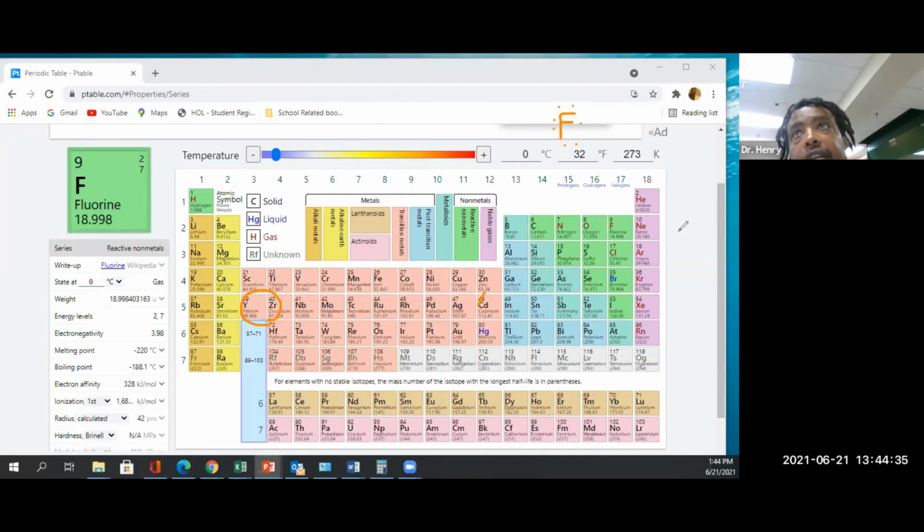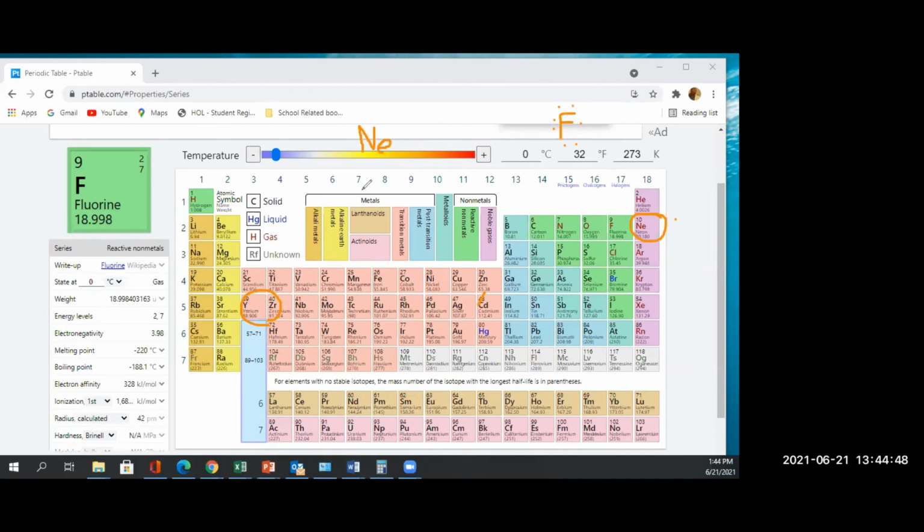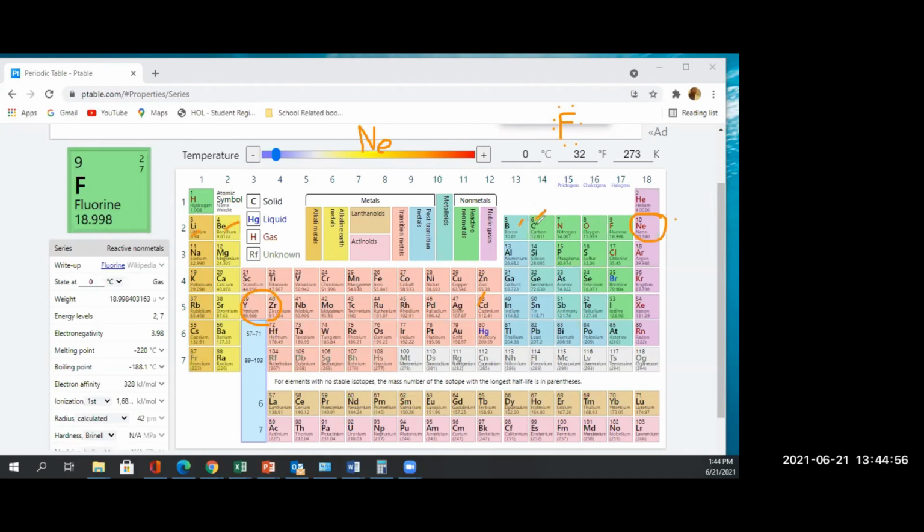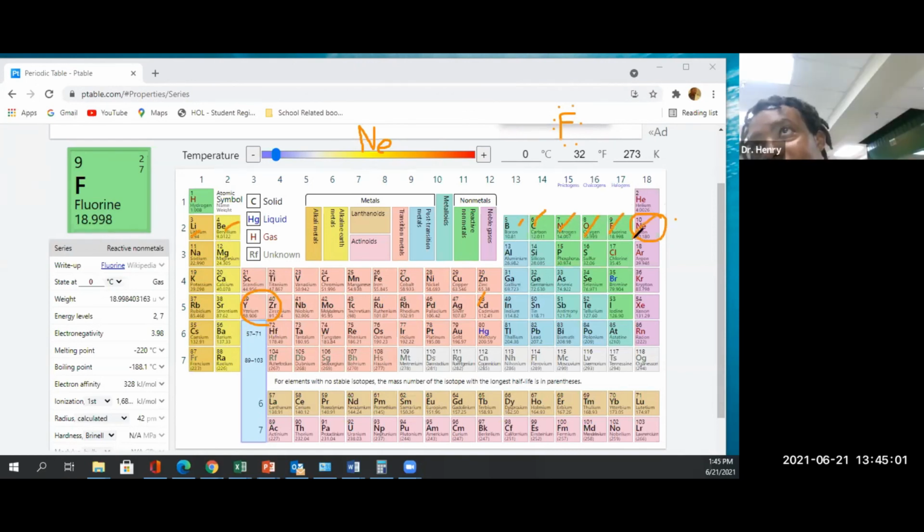Now, if we looked at, let's say, neon, how many dots are going to be around neon? I heard somebody say 6. Yeah, 6. So there's 1, 2, 3, 4, 5, 6, 7, 8.